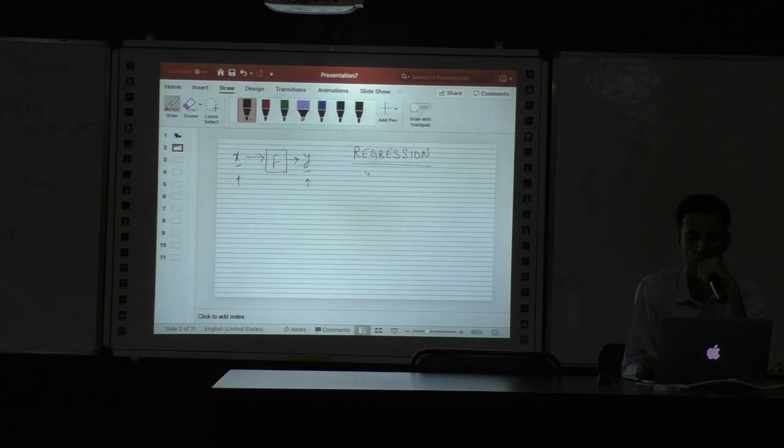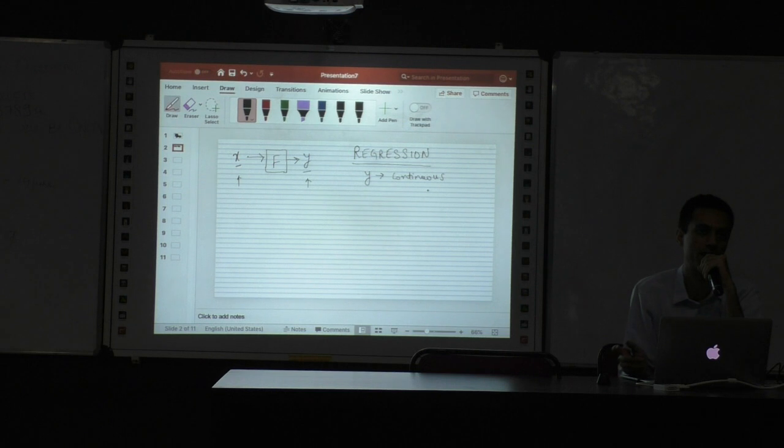So here Y is a continuous value. Y is continuous, not discrete. Earlier we had discrete classes, but now it is a continuous value. Okay, so let us say this is my Y, this is my X. They are scalars. X is a scalar, Y is a scalar.